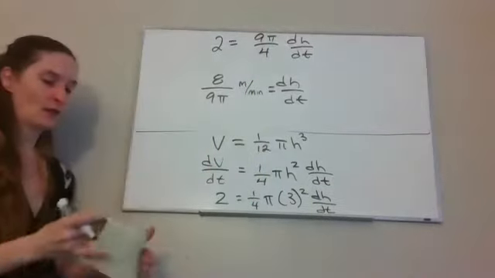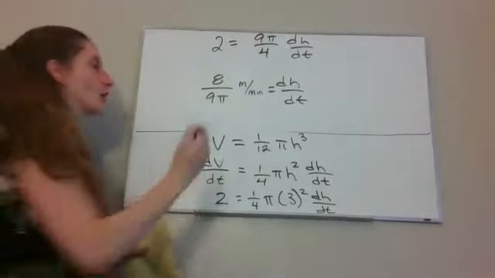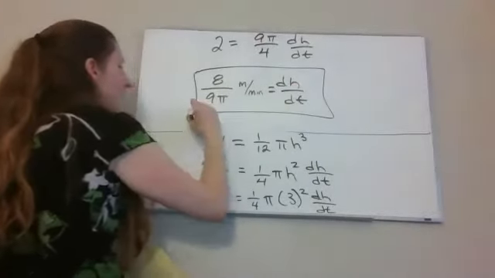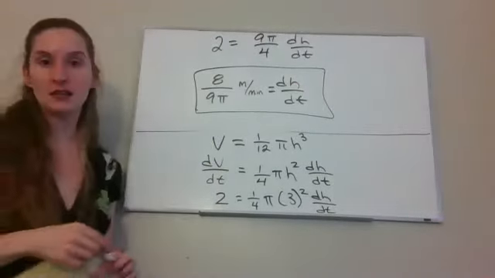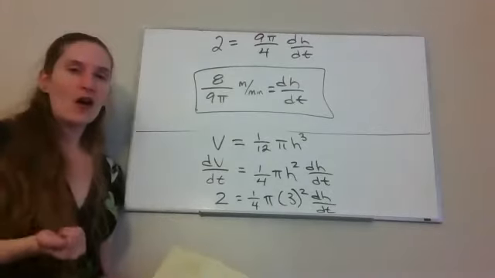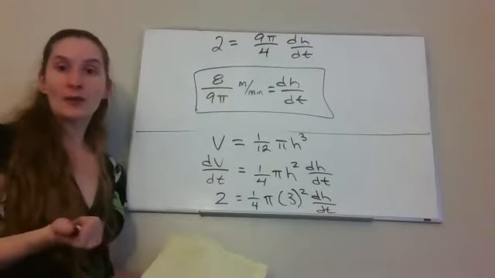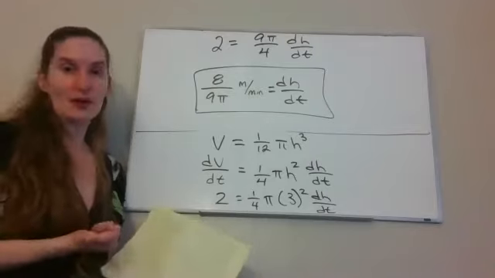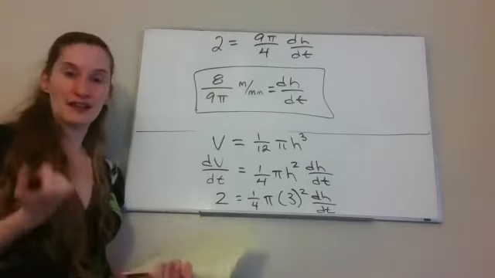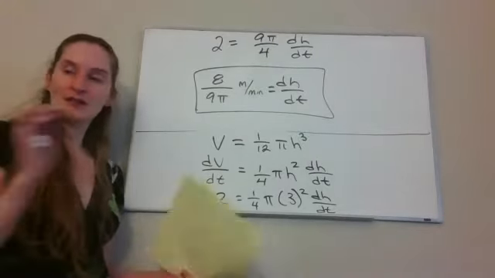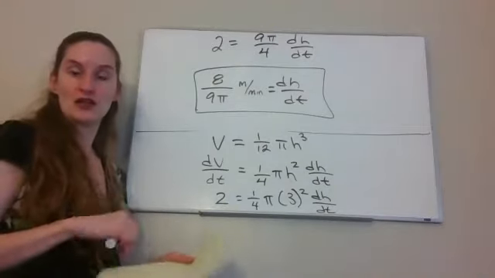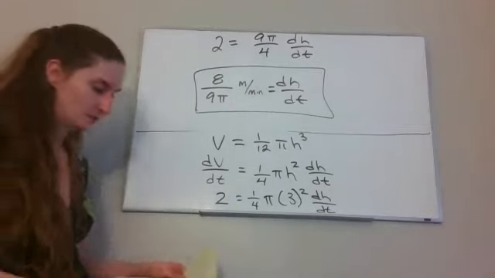And that is the rate at which the height of this water is changing when we're pumping all this water into the tank. So, like all related rates problems, the hardest part of these is the setup and remembering all of your geometry and things to get it set up. Once it's set up, it's just a little bit of implicit differentiation and plugging your information in.